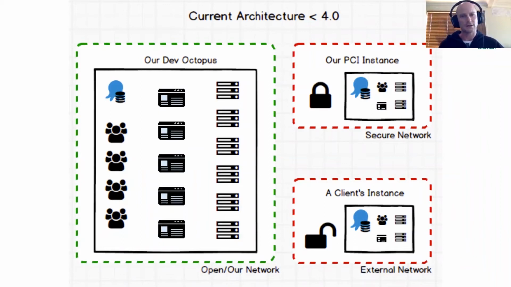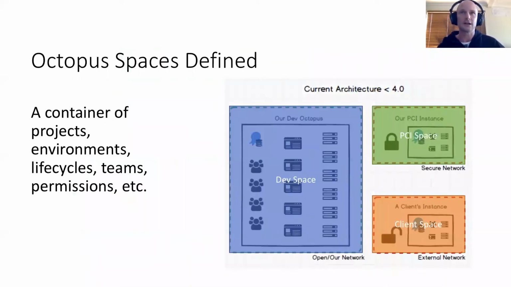For this feature, we really are leveraging the idea of spaces, which we've recently introduced in a blog post. The way I've been thinking about spaces, and I think we're starting to coalesce around a common understanding, is that it is just a logical container of projects, environments, life cycles, teams, permissions, and all that good stuff inside Octopus.